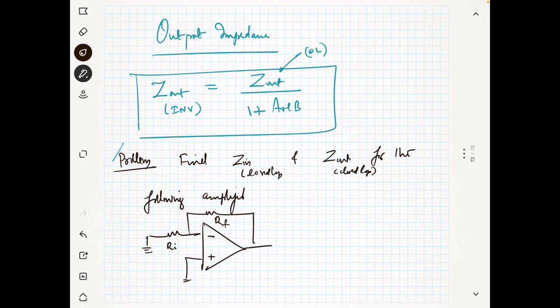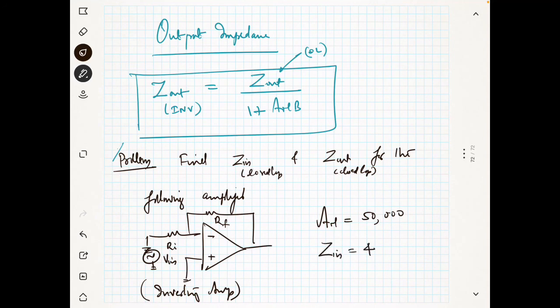What kind of amplifier is this? This is an inverting amplifier basically. You want to find the input and the output impedance, and it is given that AOL is equal to 50,000, Zin is equal to 4 mega ohms, and Zout is equal to 50 ohms.